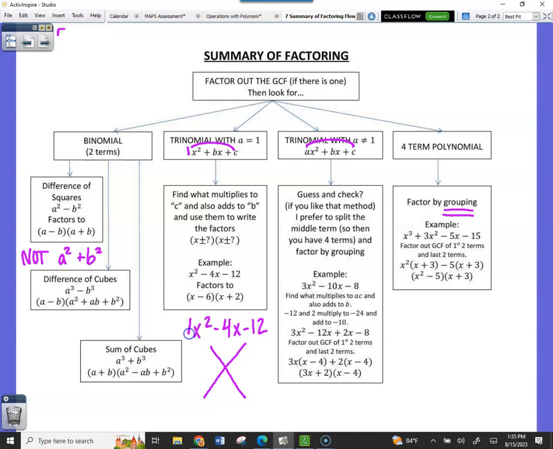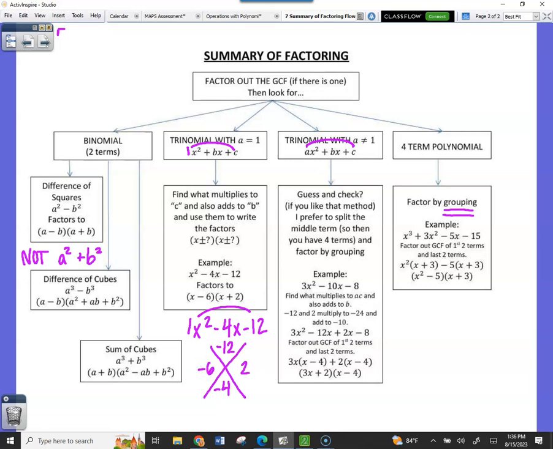So you would put a 1 here, you would multiply. You would say 1 times negative 12 is negative 12. And then you would copy B right there. And now it's a guess and check game. What multiplies to give me negative 12 and adds to give me negative 4? 6 and 2. Now it's a sign game. The 6 is negative. Then you would double check it.